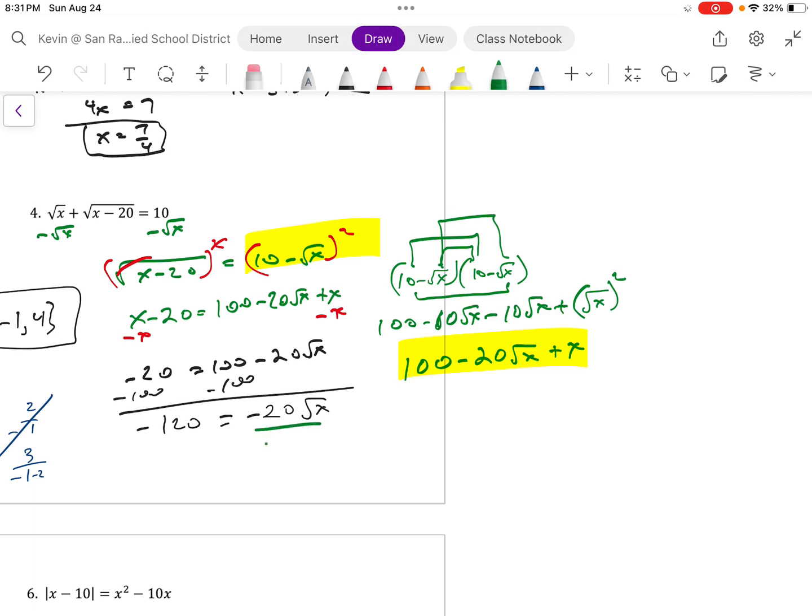Now I'm going to divide both sides by negative 20. So that leaves me with 6 equals the square root of x. And to get rid of the square root of x, I'm going to square it. Okay, that cancels out. So x equals 36.